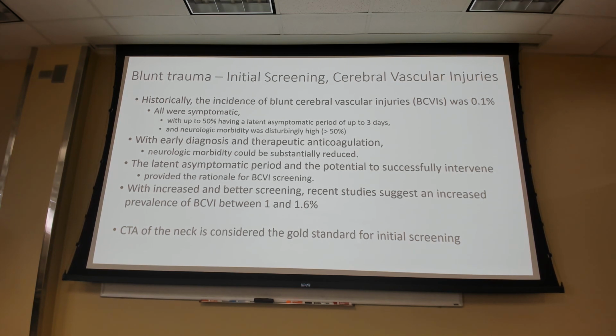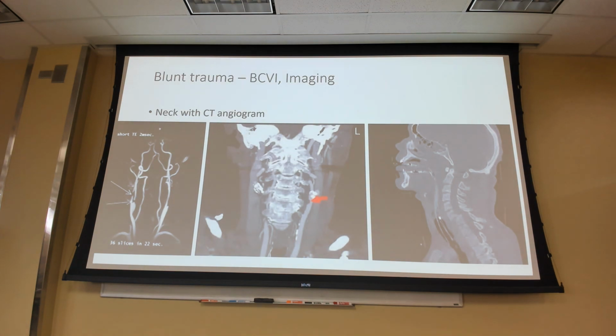However, most of them are symptomatic. So any sort of focal neurologic deficit, we need to consider this. We need to look at doing CT angiogram to have an impact with this. And then here's just some CT scan. This is CT angio showing where the disruption is or where the injury is of that vessel.